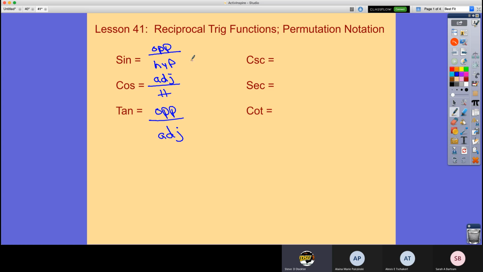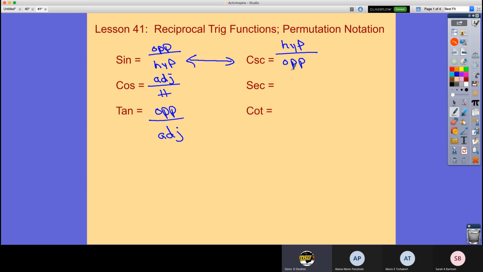First of all, the thing to realize is sine and cosecant work together. They're not equal, they work together. How they work together is cosecant is the hypotenuse over the opposite side. So they are reciprocal functions of each other.